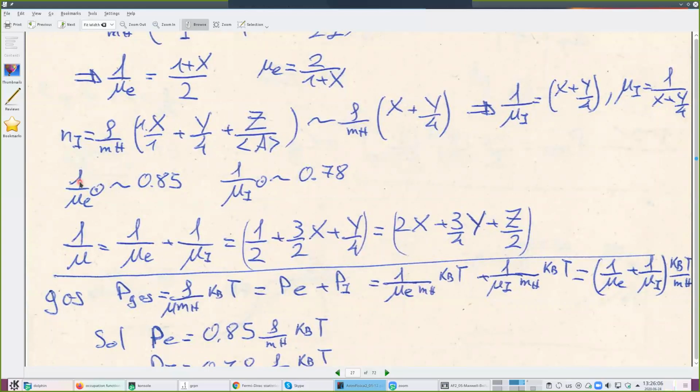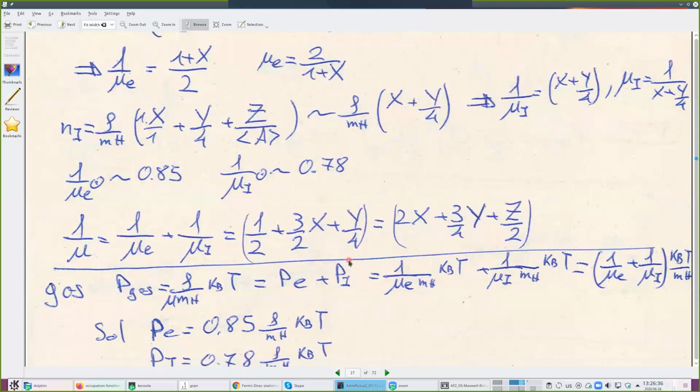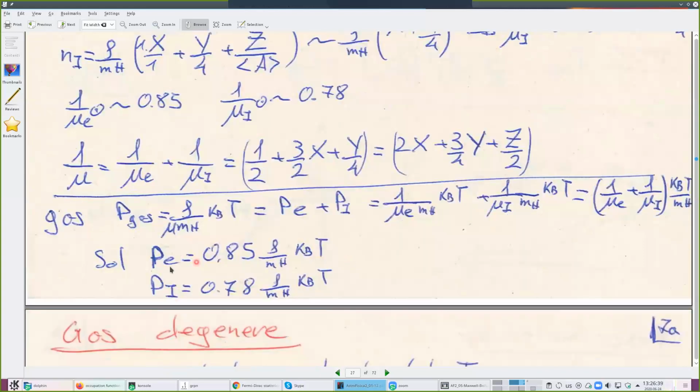Then also one result is that the molecular mass has to be summed by the inverse, not summed directly. So the general molecular mass for the gas will have this value. And for the sun, we see the pressure of the electrons is more or less equal to the pressure of the ions.